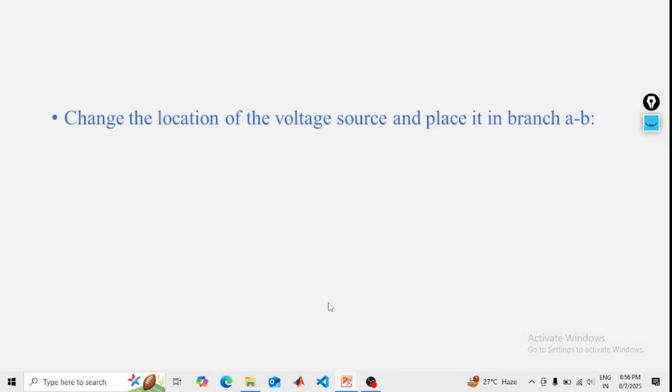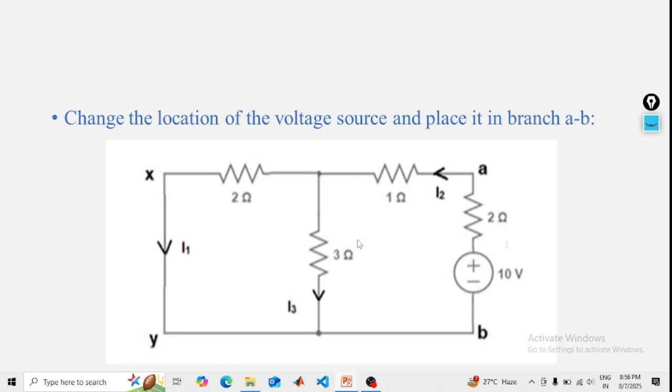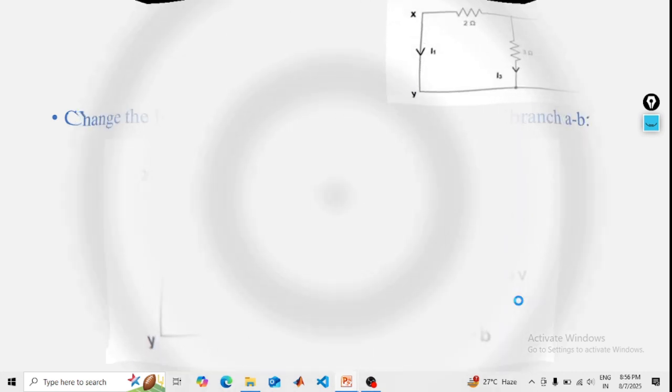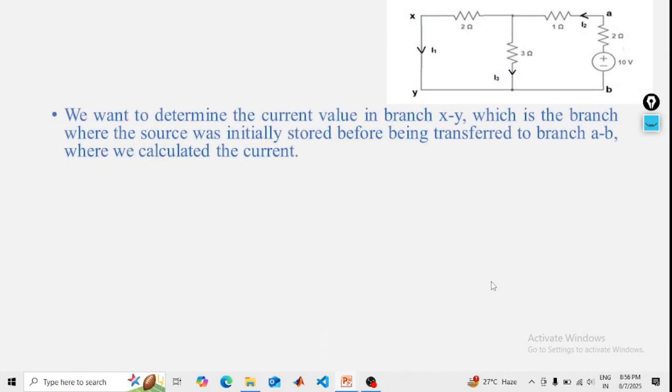Going to the next: change the location of the voltage source and place it in branch AB. The source was here and I just interchange the place. Now it is 10 volt. We have to find the current I1 here. We want to determine the current in branch XY, because we have already calculated the current across AB, the branch where the source was initially placed before being transferred.